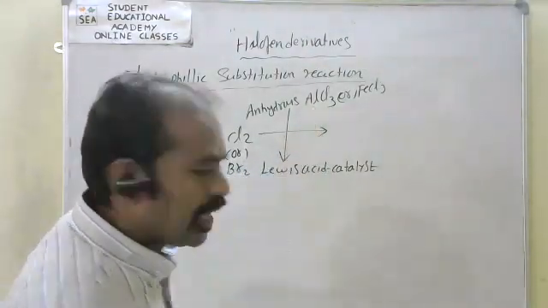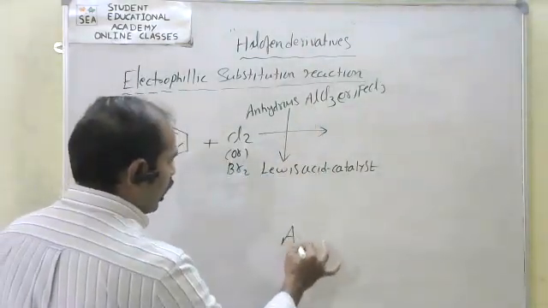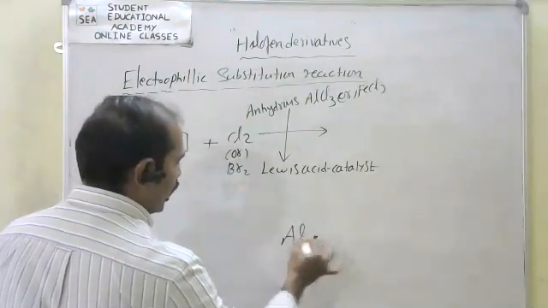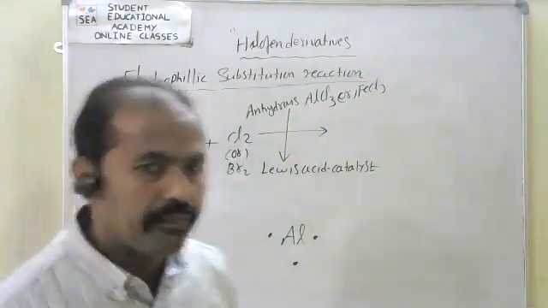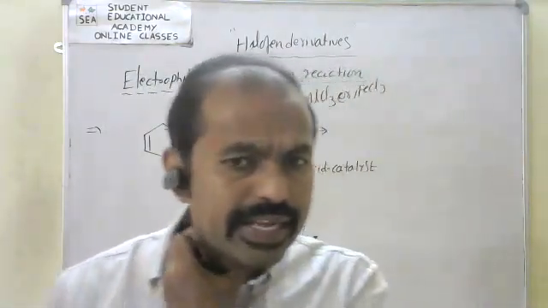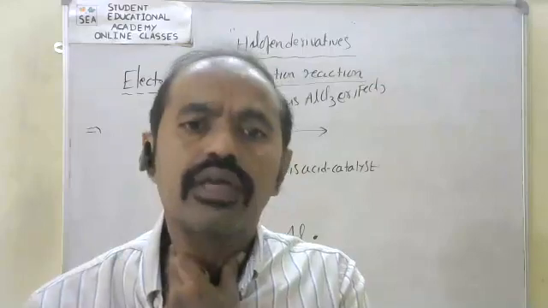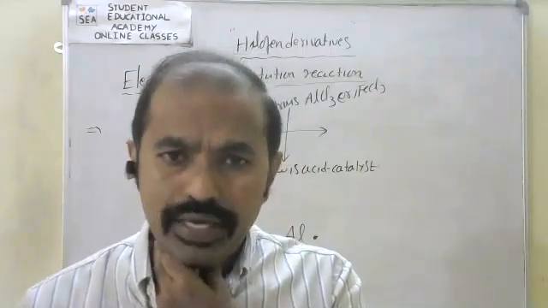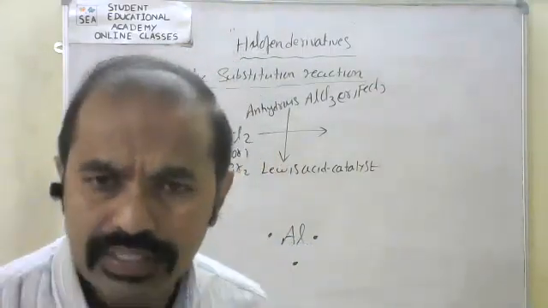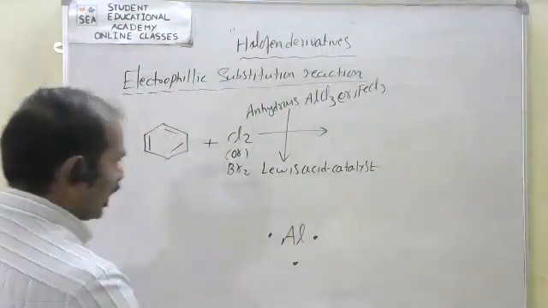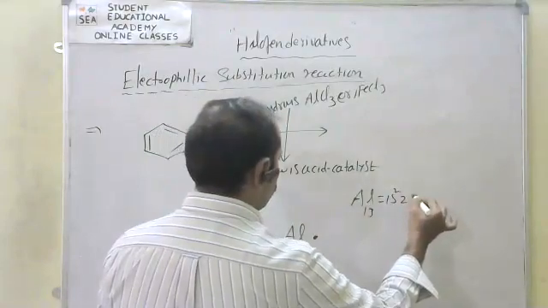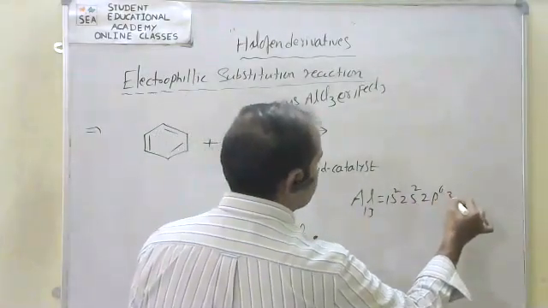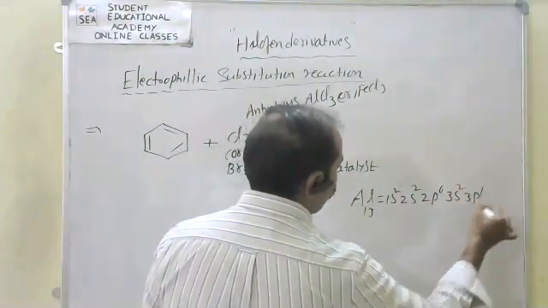Because AlCl3 is nothing but aluminum having 3 valence electrons. Aluminum has atomic number 13. Its electronic configuration is 1s2, 2s2, 2p6, 3s2, 3p1.